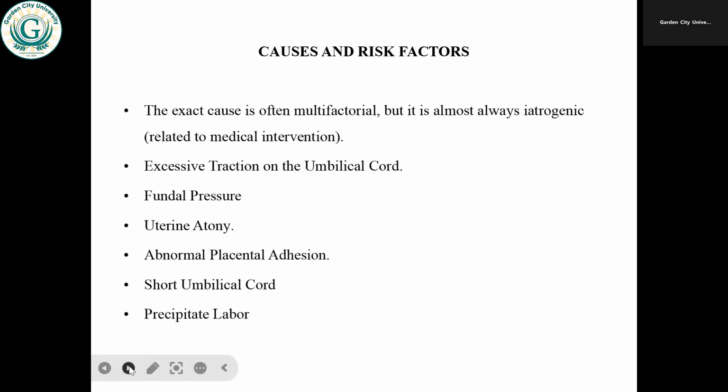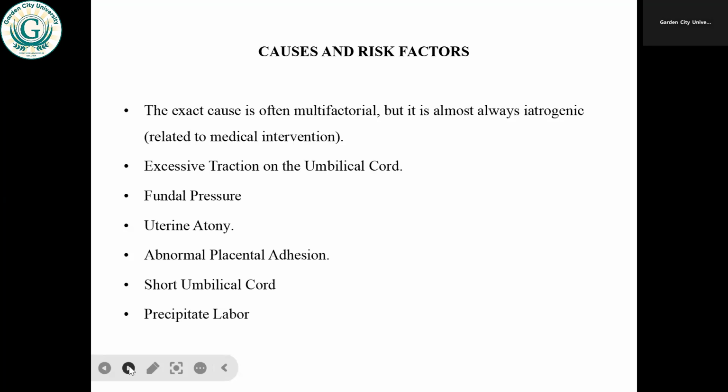In cases where the uterus is unable to contract on its own, for retraction to take place, for the delivery process to be smooth, and also placenta delivery to be smooth, it can lead to uterine inversion. We also have abnormal placental adhesion, in cases of placenta percreta and accreta.